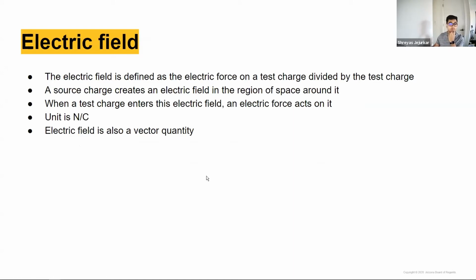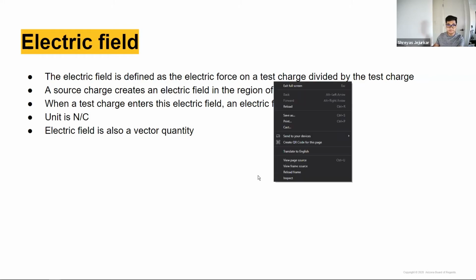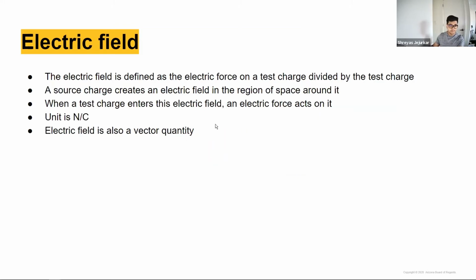Now, let's go over electric field. The electric field is defined as the electric force on a test charge divided by the test charge. A source charge creates an electric field in the region of space around it. So imagine a point charge, like a proton or an electron, that's going to create an electric field around it.